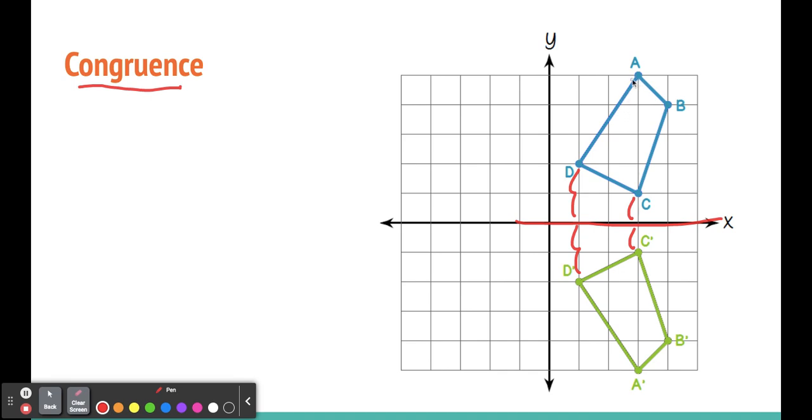A and A prime are both 5 units from the line of reflection on opposite sides. B and B prime are both 4 units from the line of reflection on opposite sides. That proves that this is a reflection, and it proves that A, B, C, D, and A prime, B prime, C prime, D prime are in fact congruent.